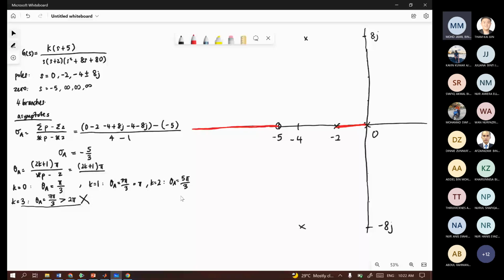Then we can sketch the asymptote on this s-plane. Okay, so asymptote is at -5/3. So it's about 5/3, about 1.67. So it is somewhere here. Okay, sigma A. And then the angles are pi over 3, pi and 5 pi over 3. So pi over 3 is about 60 degrees.